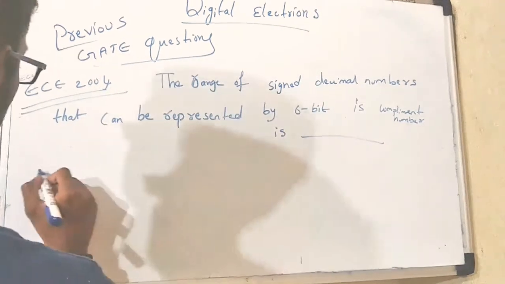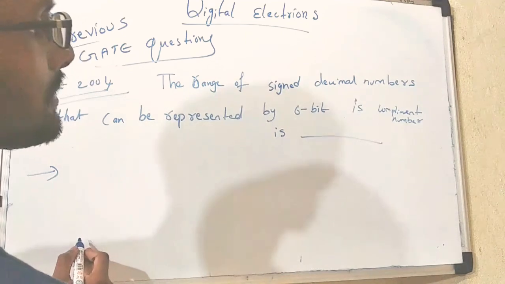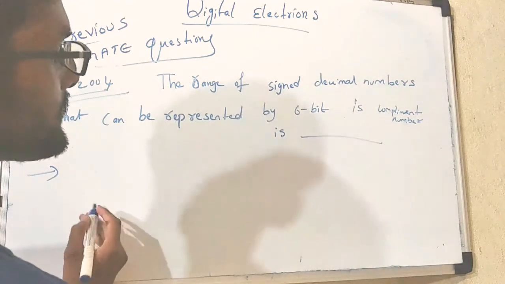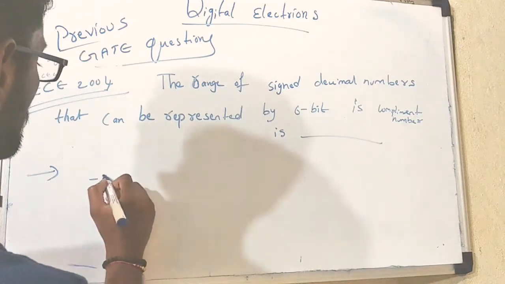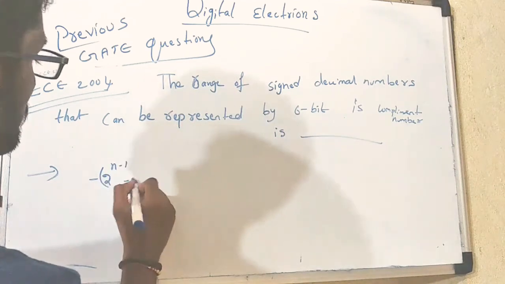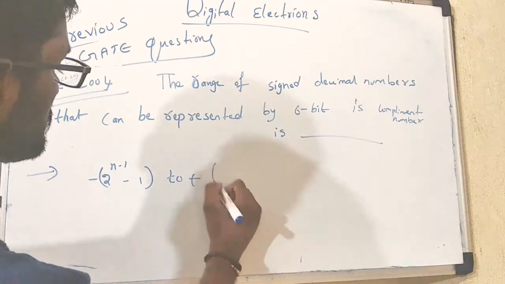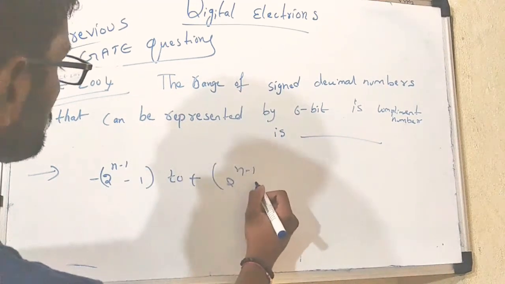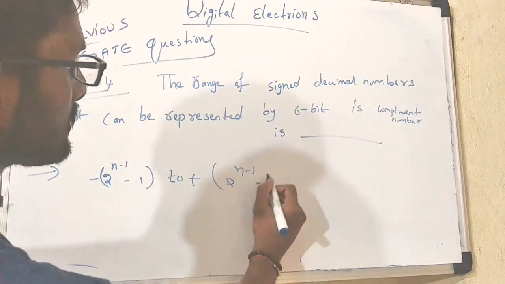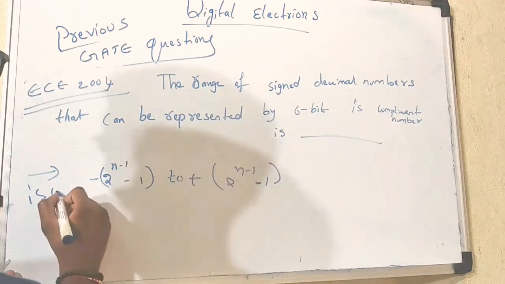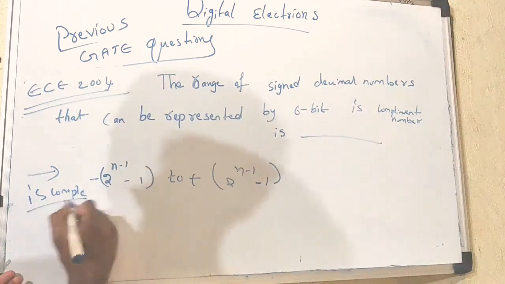We know that in one's complement representation, the range is from -2 power n minus 1 to +2 power n minus 1 minus 1. This is the range for one's complement representation.